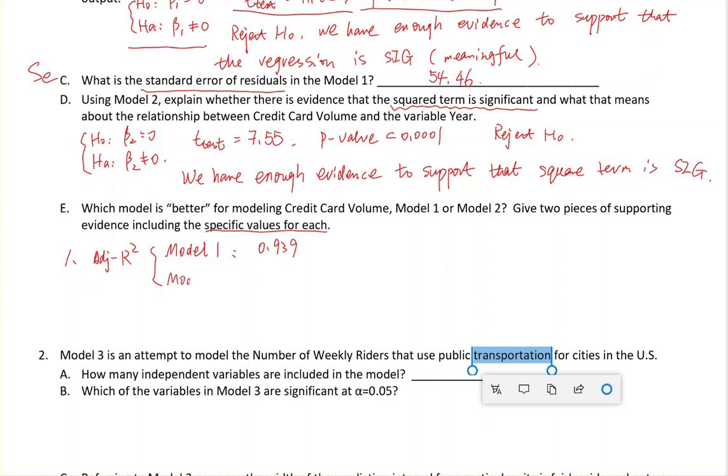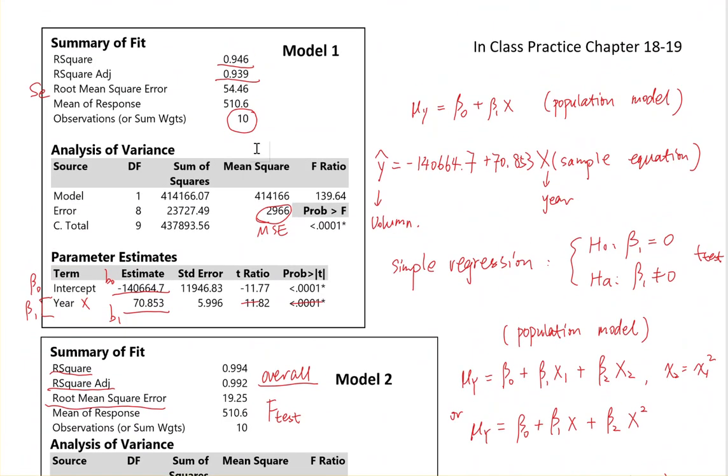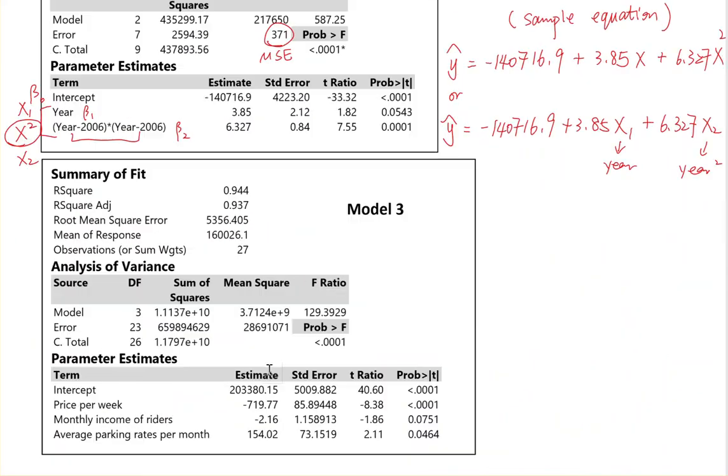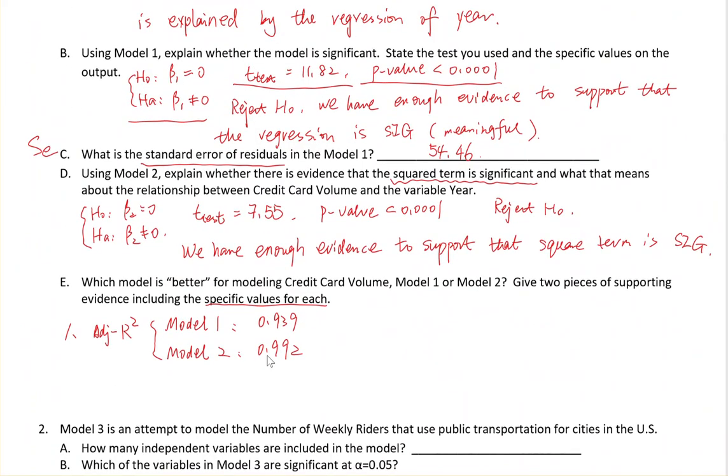And for Model 2, I have the adjusted R-square, which is 0.992, right? Yeah, 0.939 and 0.992. Okay, so which model is better? We want the adjusted R-square to be as large as possible. The larger, the better, right? So that means Model 2 is preferred. All right, so this is my first supporting evidence.